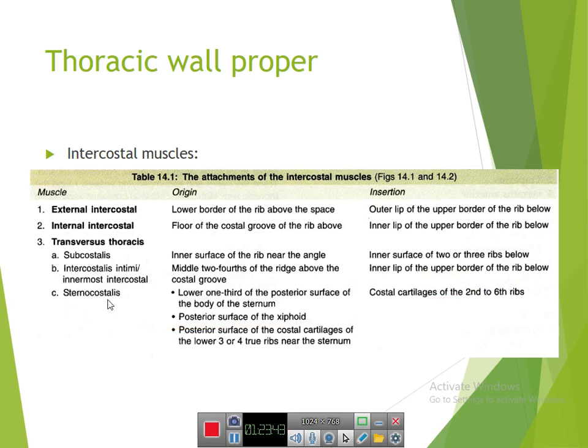And for sternocostalis, origin is the lower third of the posterior surface of the body of the sternum, the posterior surface of the xiphoid, and the posterior surface of the costal cartilages of the lower third to fourth true ribs near the sternum, and its insertion is the costal cartilages of the 2nd to 6th ribs.